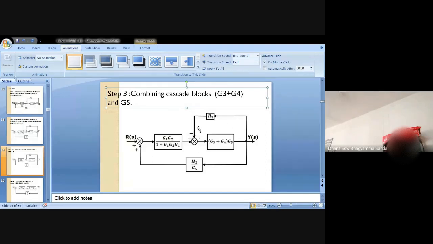I will get one block here and another block here, and those two blocks are in cascade, so I will multiply them. Later, the signal goes like this and returns back, which will become a positive feedback path. I will eliminate the positive feedback path and get the overall transfer function of the system.